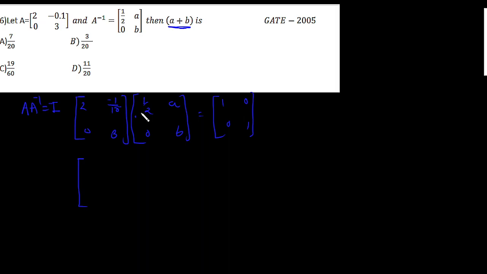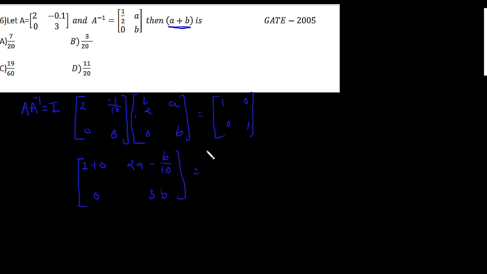The first element is 1 plus 0. The second element of this new matrix is 2a minus b by 10. The same way, here is 0, and the fourth element is only 3b.